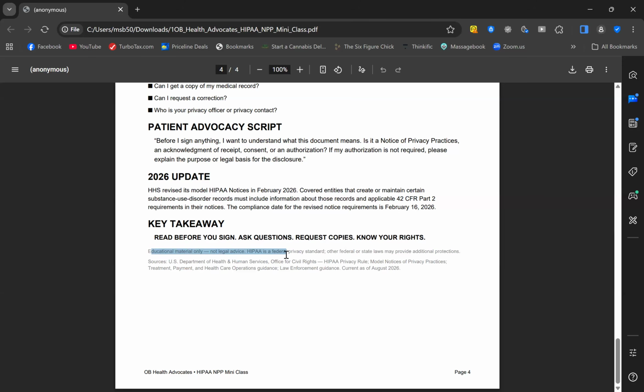HIPAA is a federal privacy standard. Other federal or state laws may provide additional protections. Sources where I got this information from: U.S. Department of Health and Human Services, Office for Civil Rights, HIPAA Privacy Rule. That's where this information came from. All I did was type it up and make it look presentable.